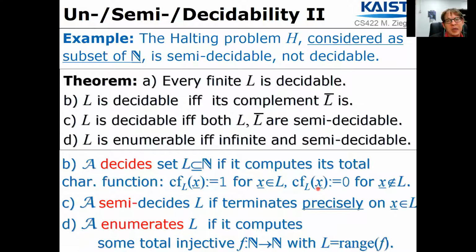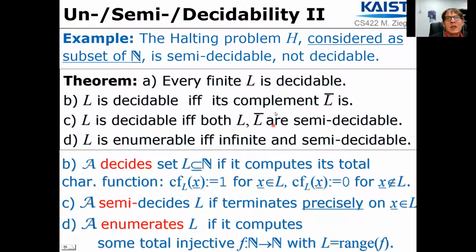Let's try it the other way. Let's try our algorithm to decide L by first running the algorithm that semi-decides L bar, and then running the algorithm that semi-decides L. But that does not work either, right?